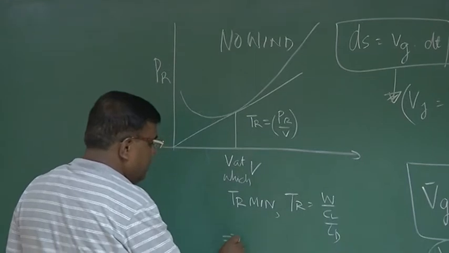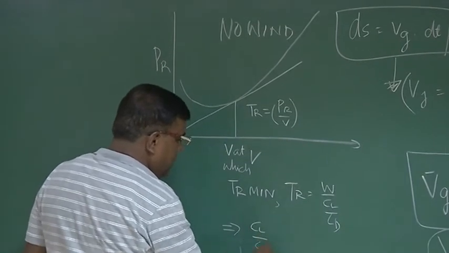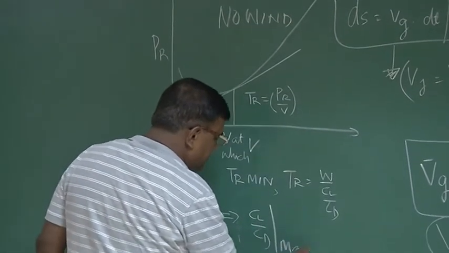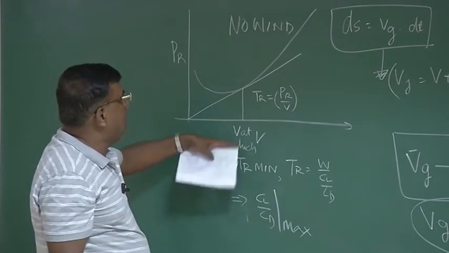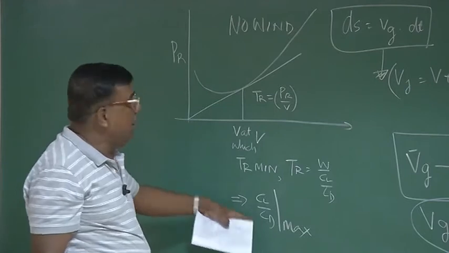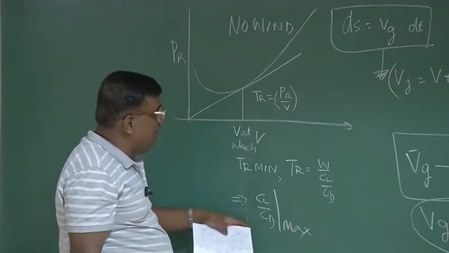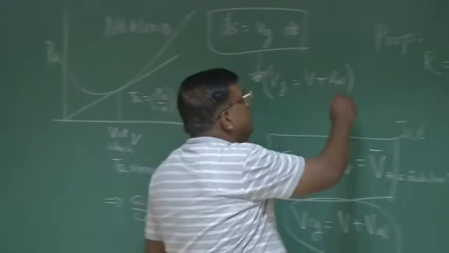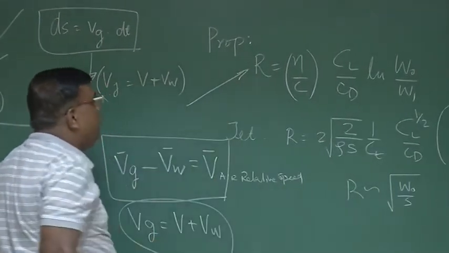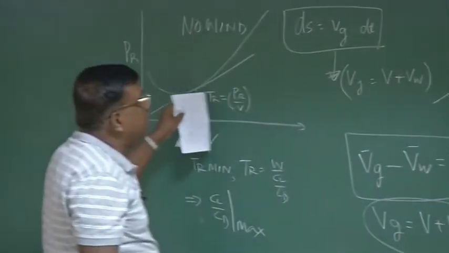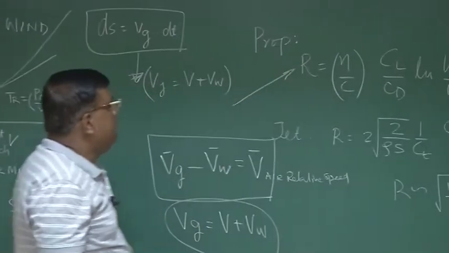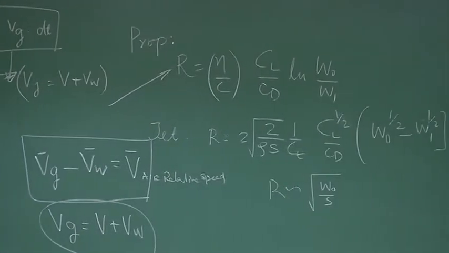So this implies CL by CD maximum. So this gives you V for CL by CD maximum. And the moment I say it's V for CL by CD maximum, I know this is also the speed for a propeller-driven aircraft for which range is also maximum. That is, this is also the V for range maximum. This is when we talk about no wind condition.